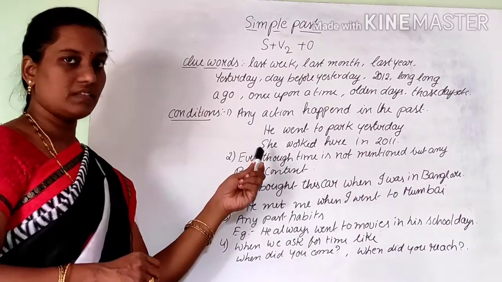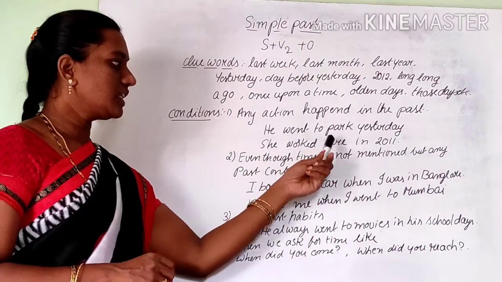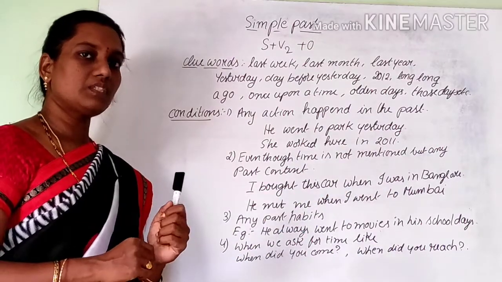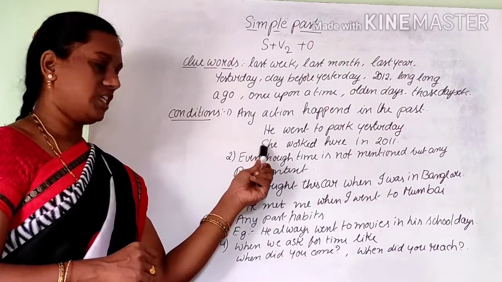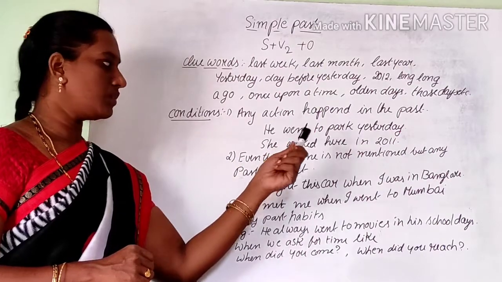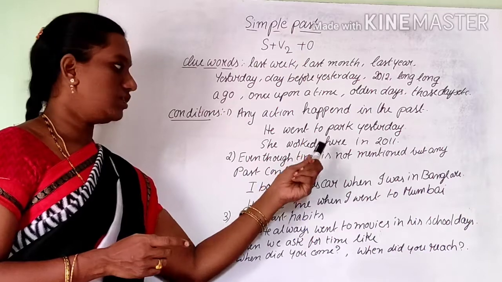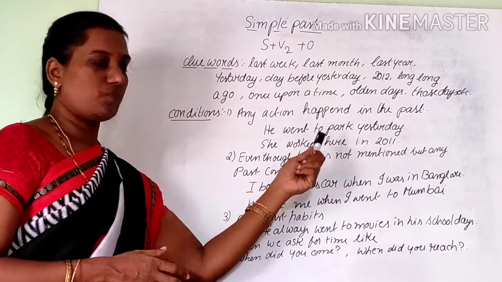Okay, see the next example. She worked here in 2011. What is the subject in this sentence? She. What is the V2 form? Worked. Work is V1, worked is V2. Here is the object.